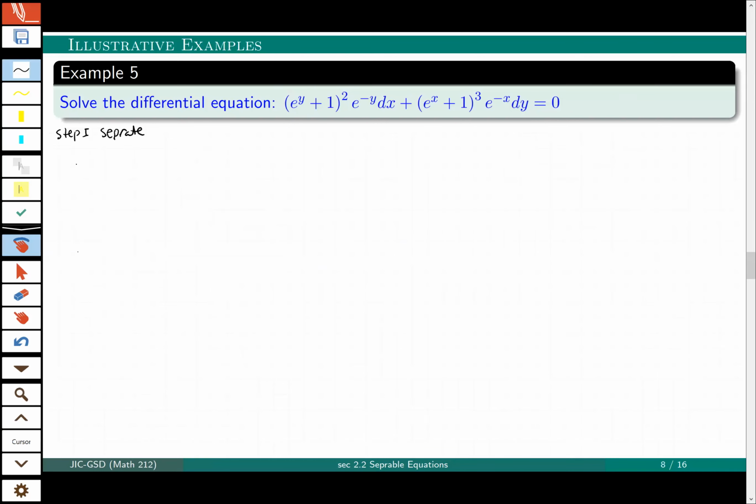We have (e to the power y plus 1) squared times e raised to the power minus y dx, plus (e to the power x plus 1) to the power 3 times e raised to the power minus x dy, equal to zero. Here I have dx, but here we have a function of x, nothing here with respect to x.